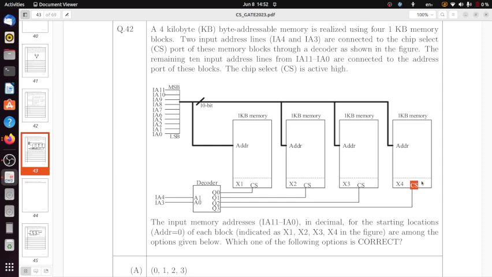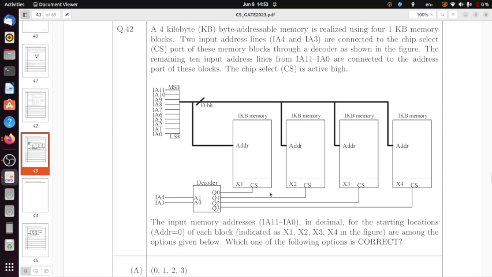Here it is written that the chip select is active high. So when this port is high, for example for this block, then this block of memory is accessed, and when the chip select port of the next block is 1, then the second memory block will be accessed.